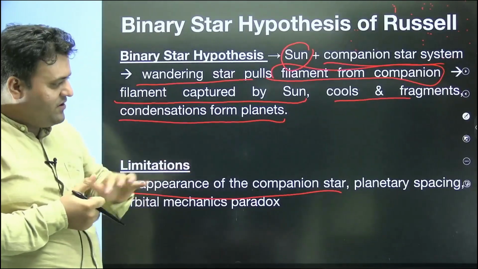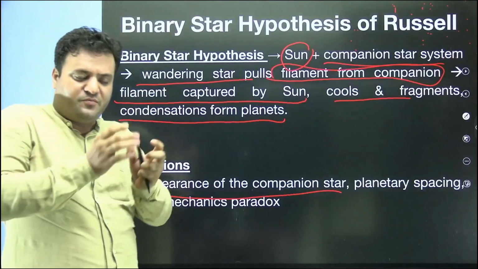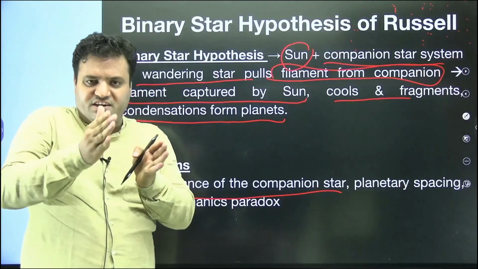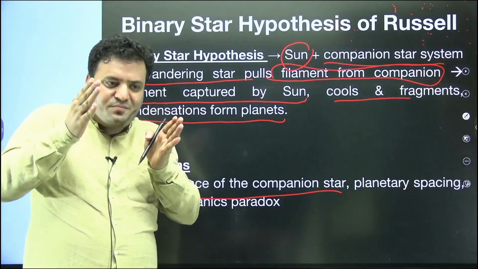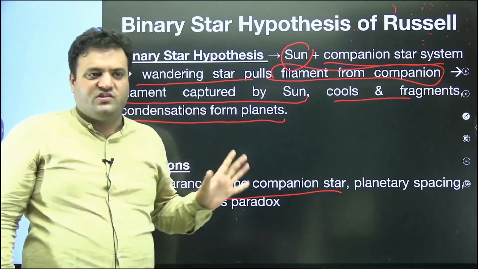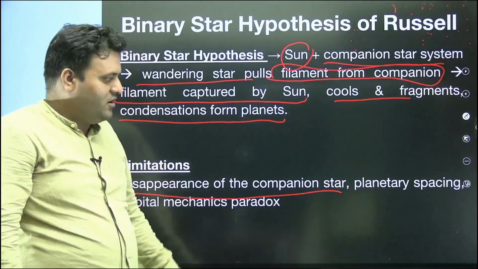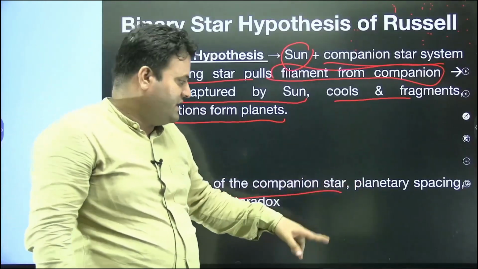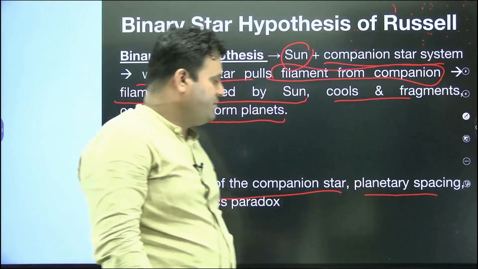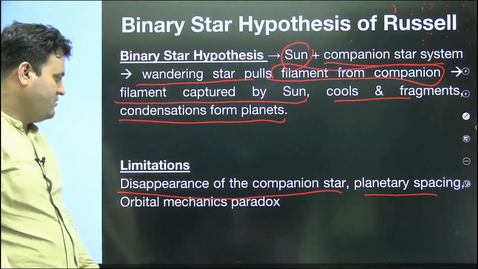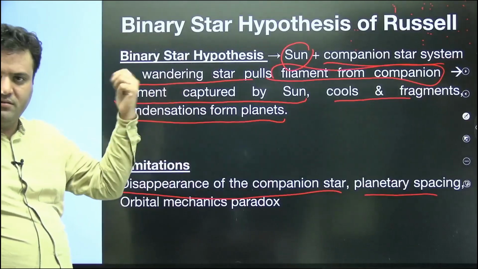Then we have planetary spacing, the space which you see nowadays among these planets. The spacing of planets is not addressed by this theory. Planetary spacing is also one of the limitations which make this theory less credible.